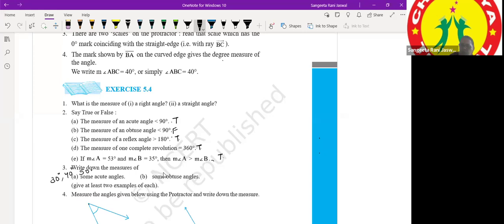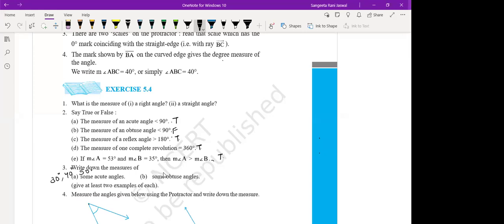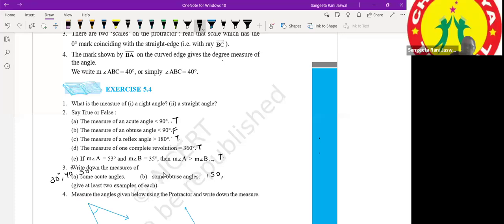Anything of your choice. Obtuse means it should be between 90 and 180. Ma'am, 150 and 120. Okay, anything lying between 90 and 180.